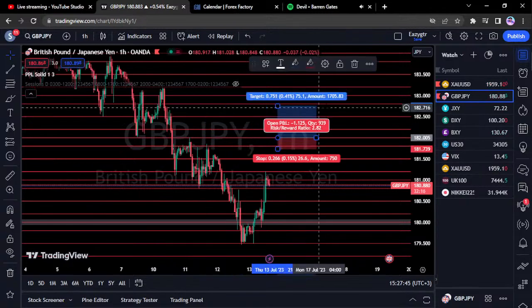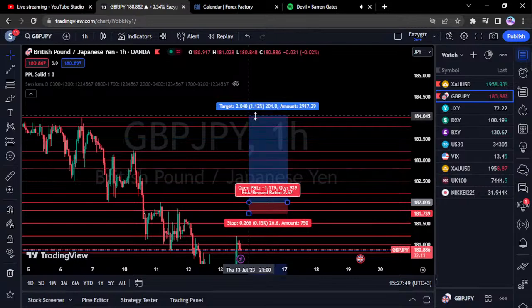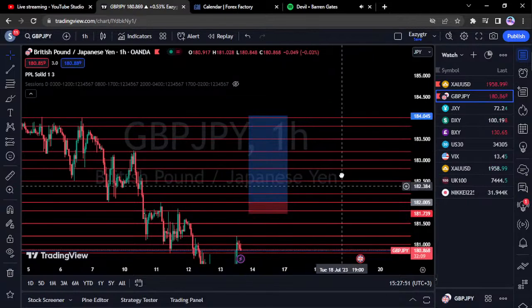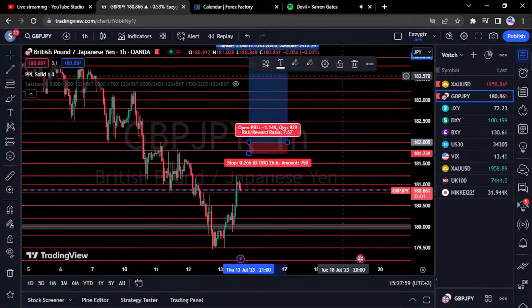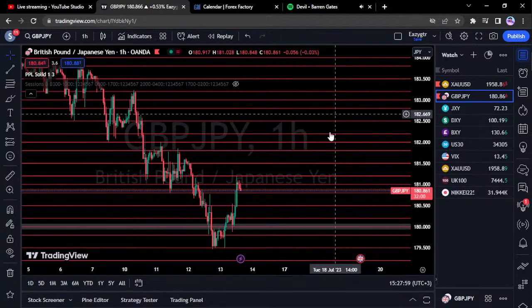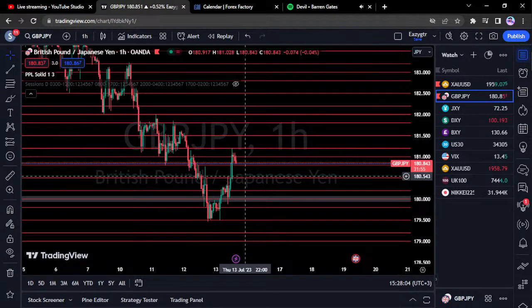This means that GJ is complete with this pullback phase, the secondary phase of market structure. So right now price can do what it wants to do, but once it comes above 182, you have safer buys. For medium risk buys, you want to execute at around 180,500, and for high risk but high reward buys, you want to wait for price to come below and tap 180 once more.